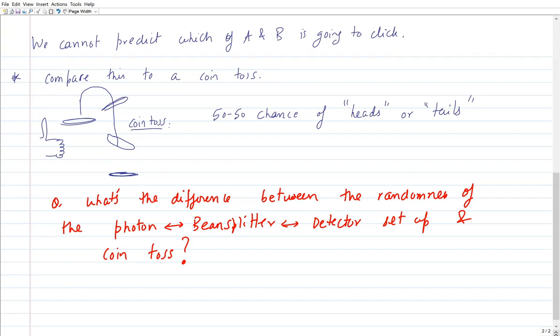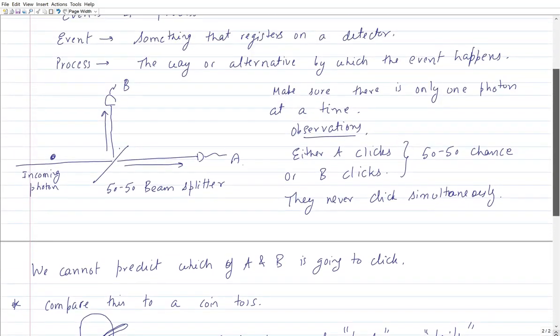How are these two randomness different? So that's one of the questions. Maybe we can pause here for a while for you to ponder this point. What is fundamentally different between these two processes?